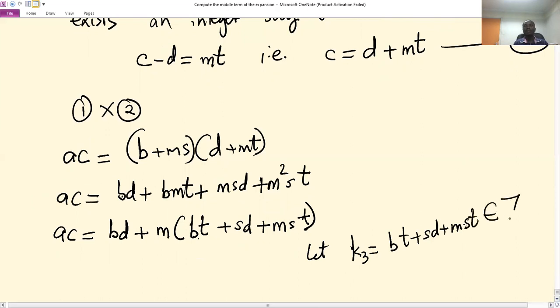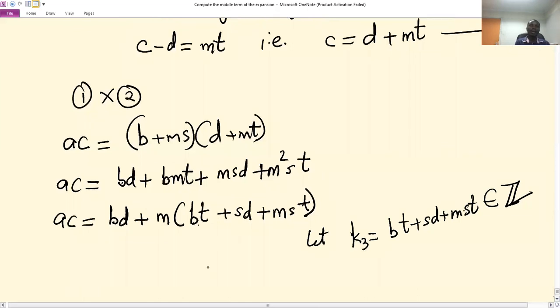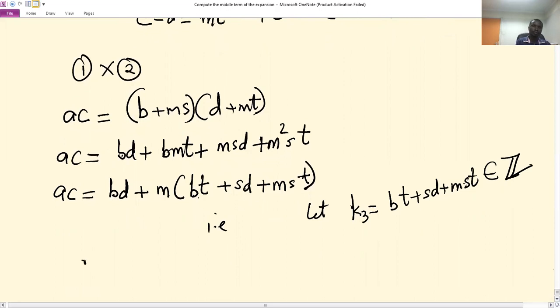This is just another integer. So we'll have AC equals BD plus MK3, where K3 is this sum.